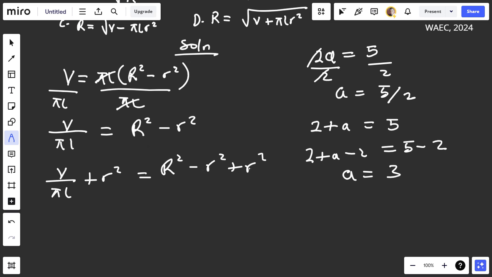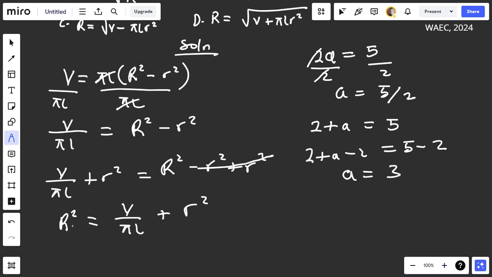So plus and minus r squared cancel each other, and you are now left with only R squared equals V over pi L plus small r squared. Even if you interchange it to this side, it's still the same. No harm done there.